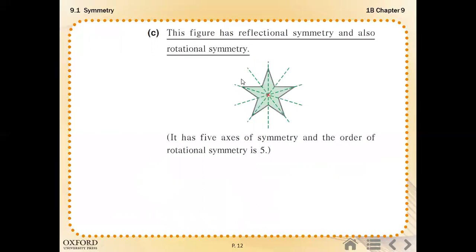And the last one has both reflectional and rotational symmetry, with 5 axes of symmetry. And the order is 5. You can turn it around and get the same figure 5 times in one complete revolution.